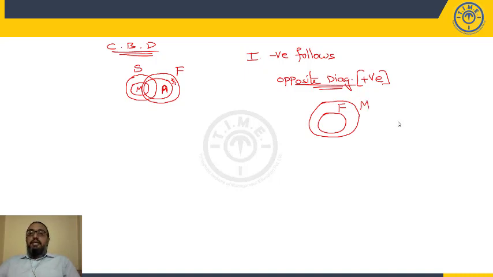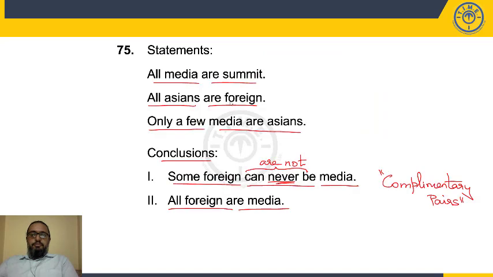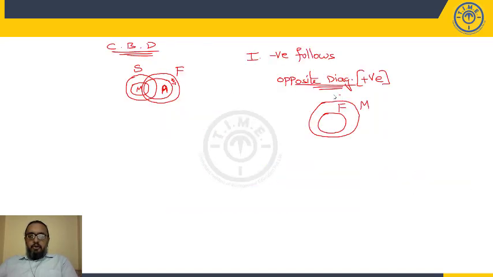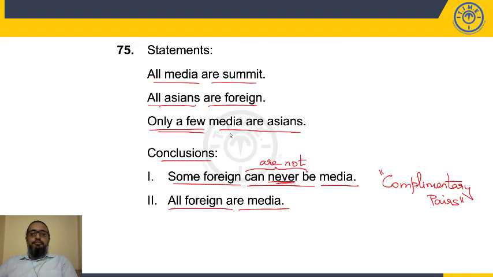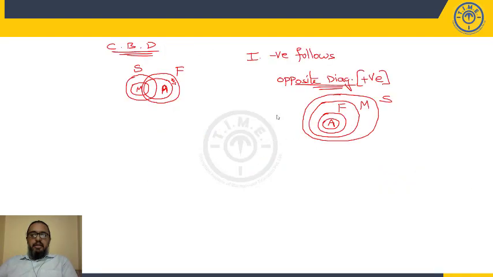Correct? Now we redraw the statements. The first one we have is all media are summit. Then we have all Asians are foreign. And then we have only a few media are Asians. So see, within the Asians, if I take some dotted portion, is the dotted portion also coming inside media?